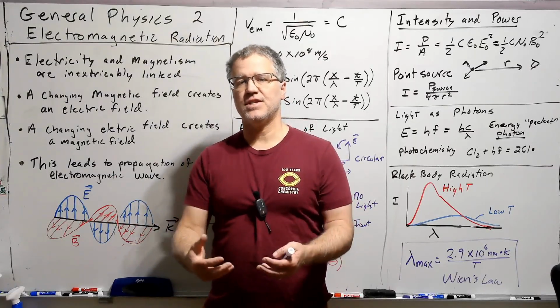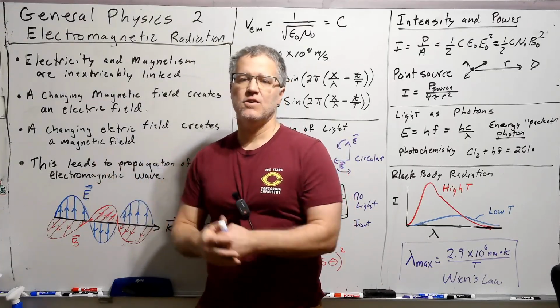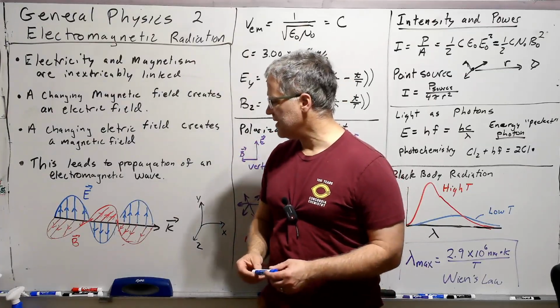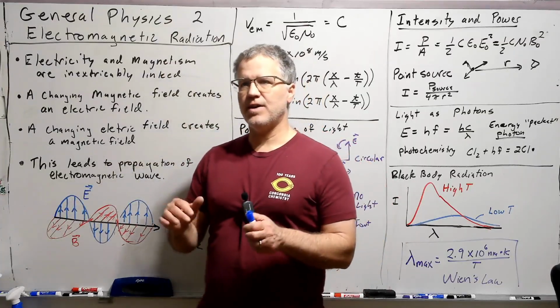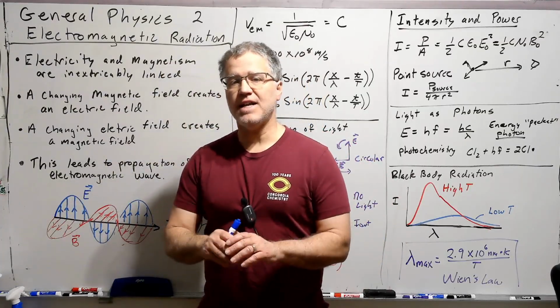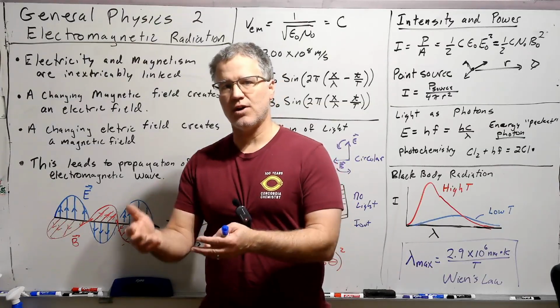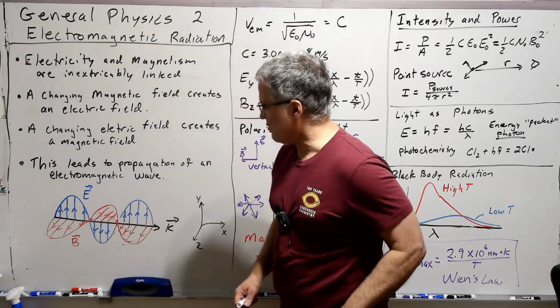And so this allows for the propagation of an electromagnetic wave, or electromagnetic radiation, or light, as we call it. Interestingly, and we talked about this earlier, electromagnetic waves do not need a medium such as a water wave or sound wave. They propagate through a vacuum.